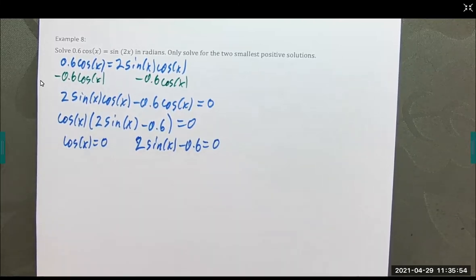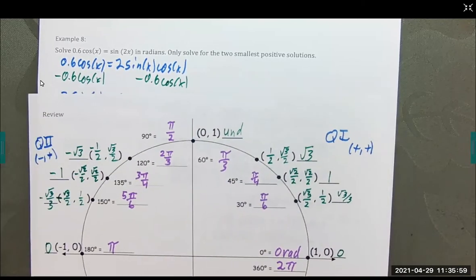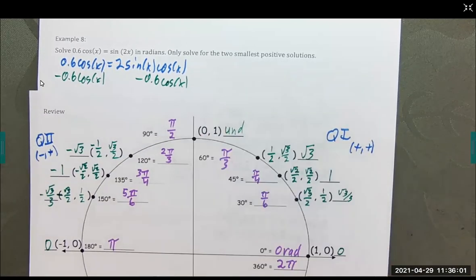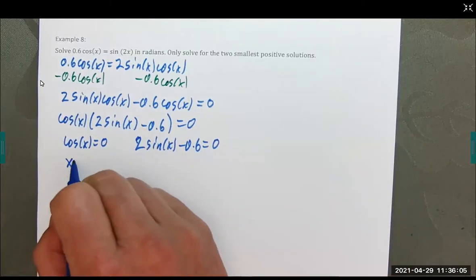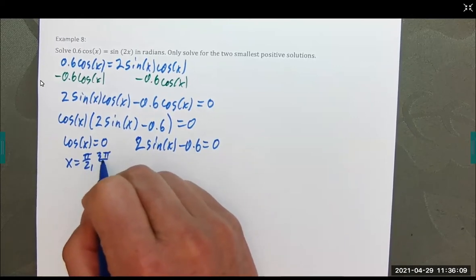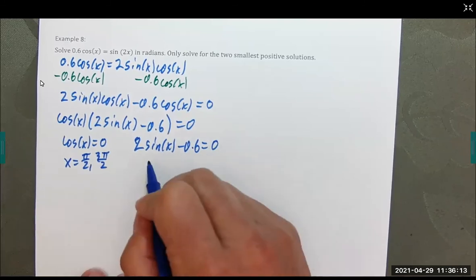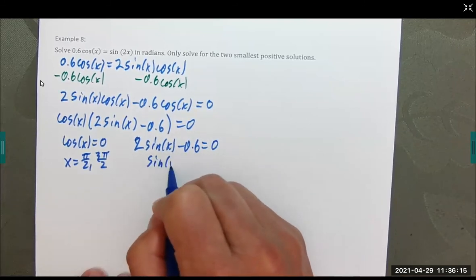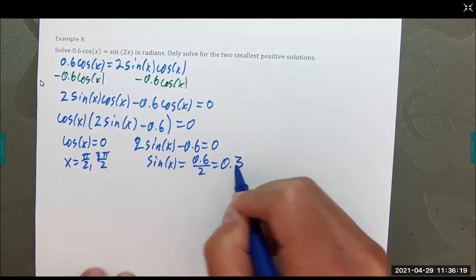Cosine, once again, is 0 at pi over 2 and 3 pi over 2. Now I'm going to add the 0.6 and divide by 2. It's going to be 0.6 divided by 2, which is 0.3.